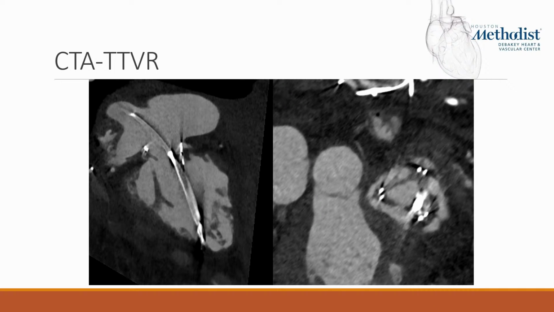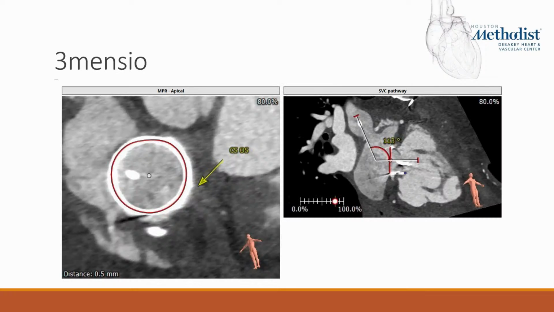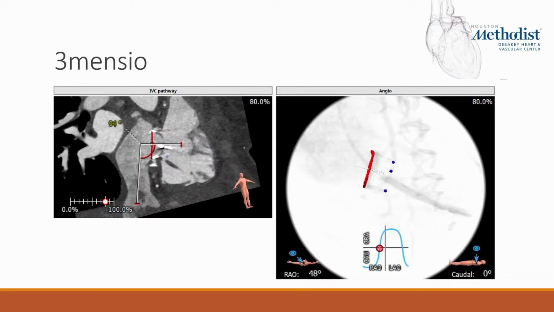The patient underwent a CT TTVR planning to assess the leaflets and for better overall procedural planning. And then we used the 3Mensio software to assess the valve for procedural planning and sizing of the transcatheter valve-in-valve.